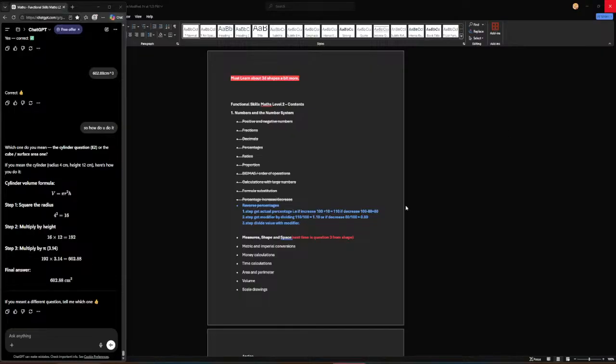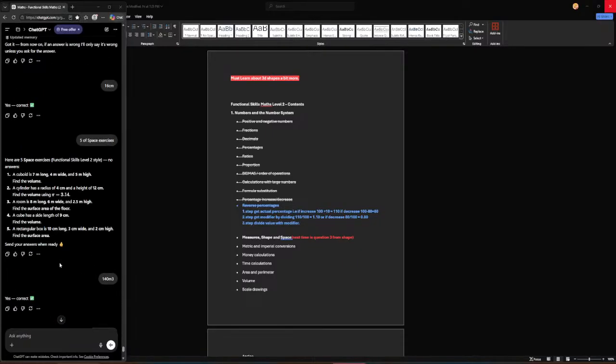As we can see here, this is where we stopped last time, on question 30: find the surface area of the floor.